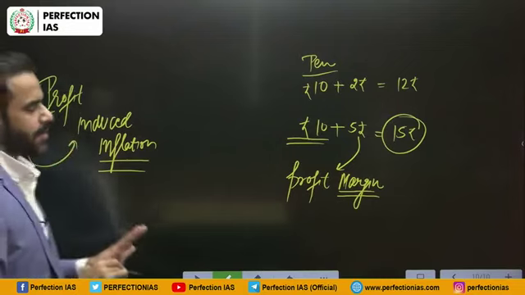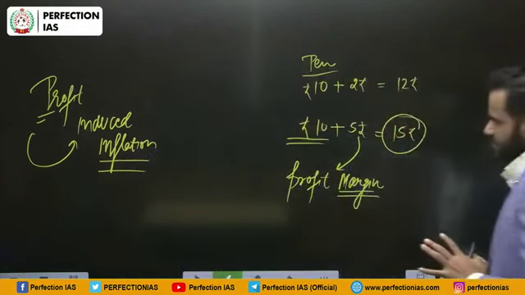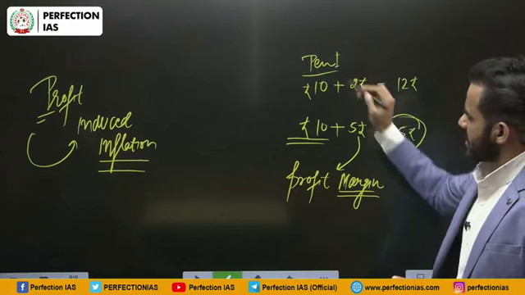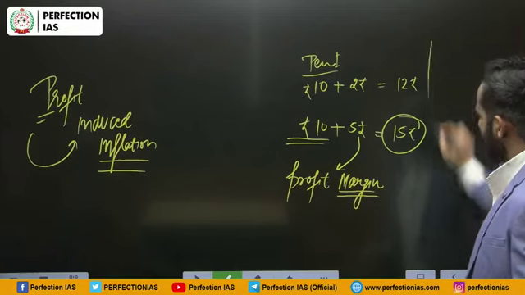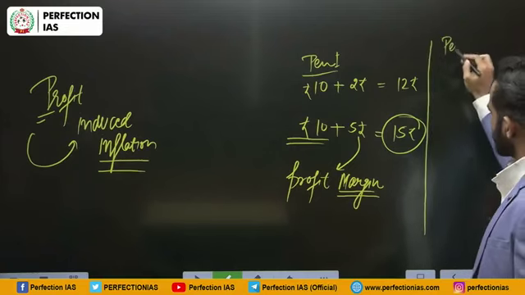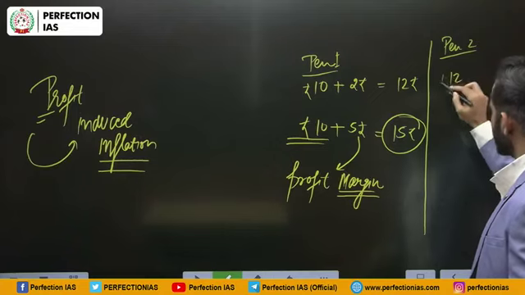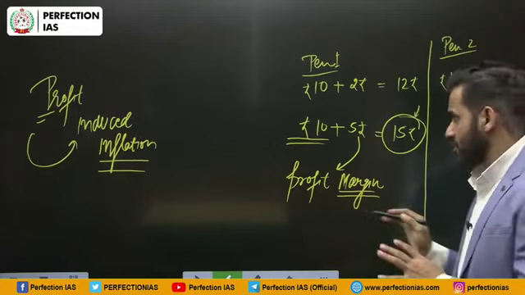Now for this to happen, one thing is important. You need to understand this. Suppose there is one company, Pen 1, which supplies these pens. If this company increases the price, but another company, Pen 2, is still supplying at 12 rupees, then people won't be willing to spend these 15 rupees.